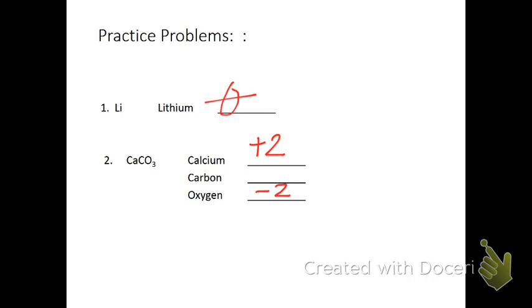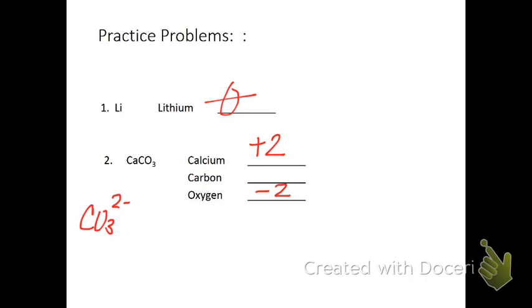So carbon is what we have to figure out, and we base it on what everything else is. Now, the easiest way to do this is not in the whole compound. I'm going to pull this out and do it as its polyatomic. What is that polyatomic ion? Carbonate, and it's a negative 2.